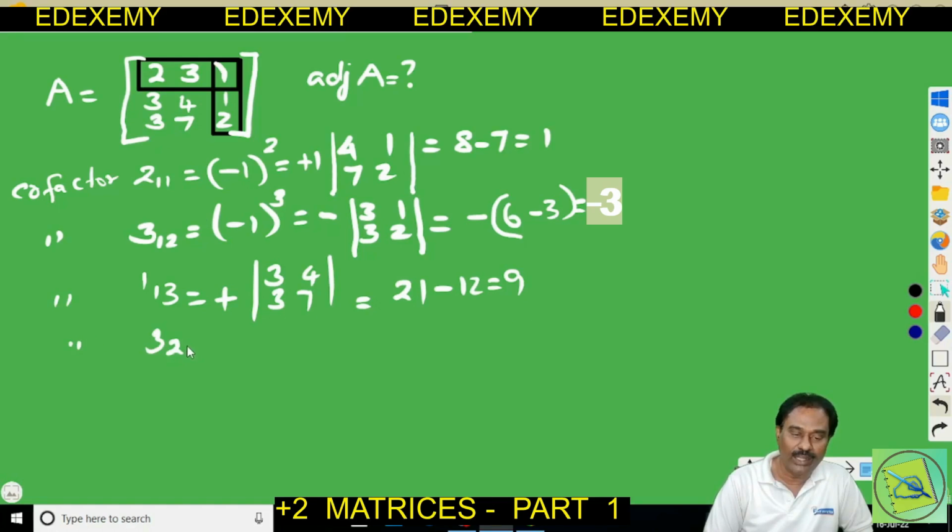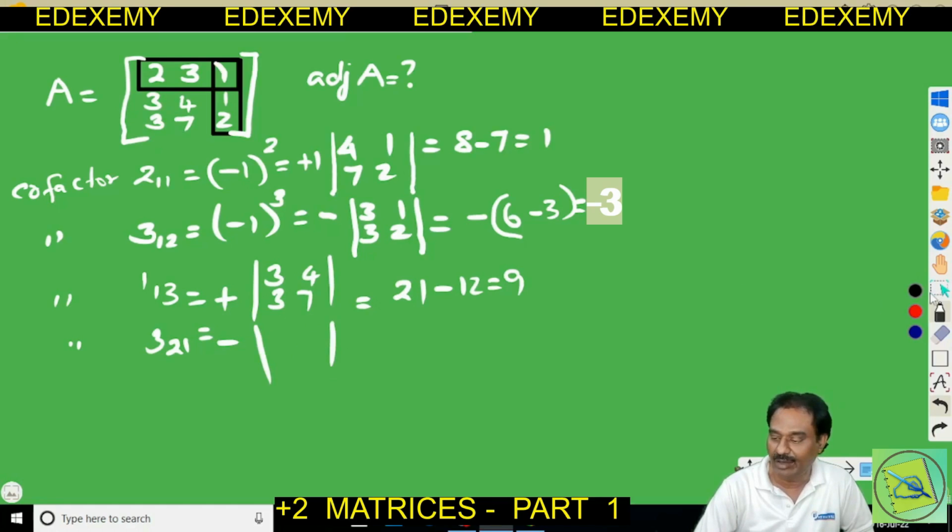Now, cofactor of 3, which is in the second row, first column. Therefore, minus 1 to the power of 3, it will come minus. You can easily write alternatively plus, minus, plus, minus.